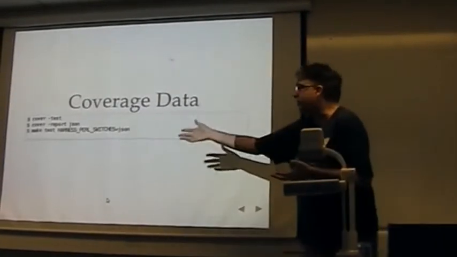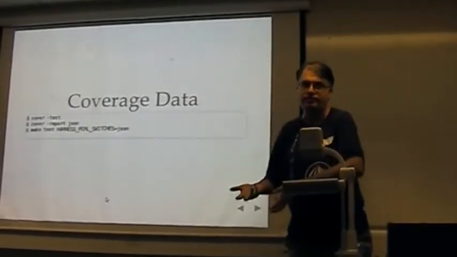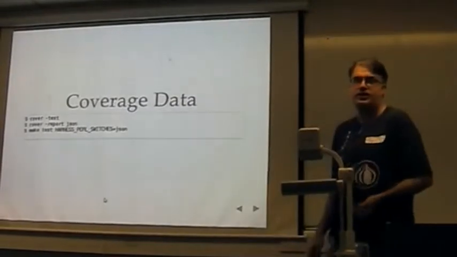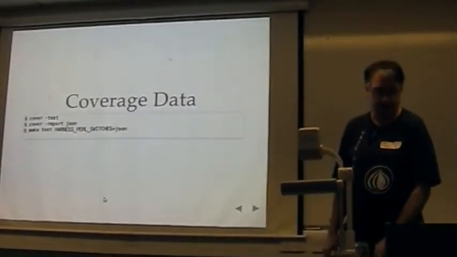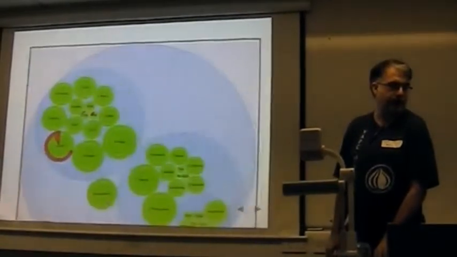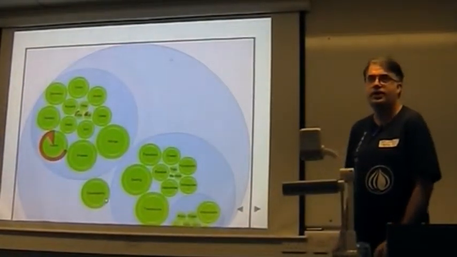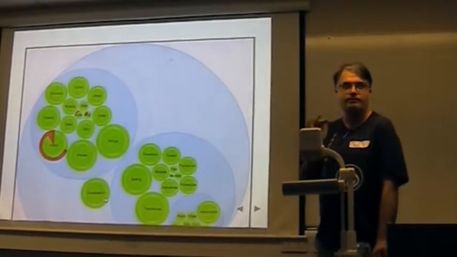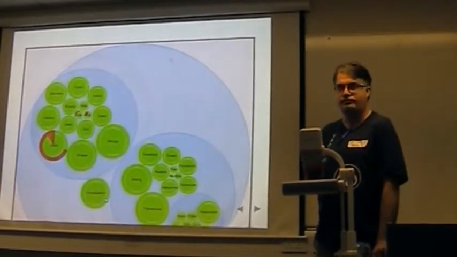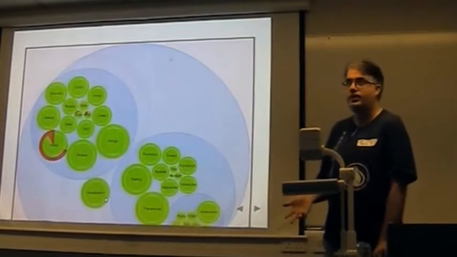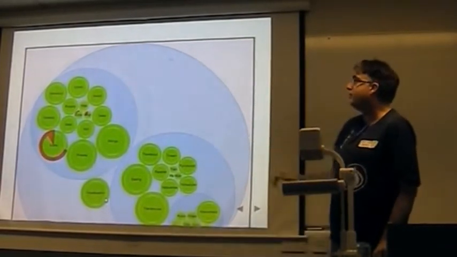After running make test on your Perl module, we get the output in JSON format and pass that almost directly into this, to give us a nice visual representation of how much code is left to test, how many tests have passed. That's what we're seeing here.